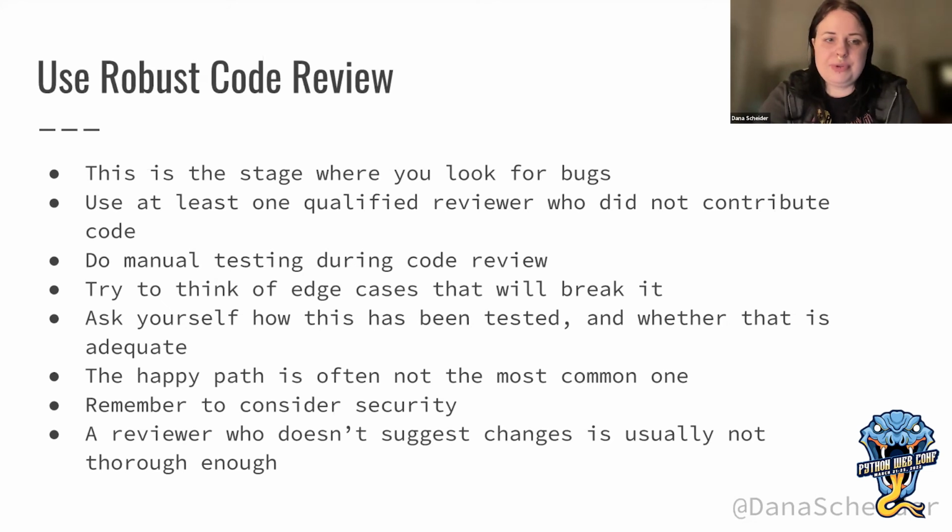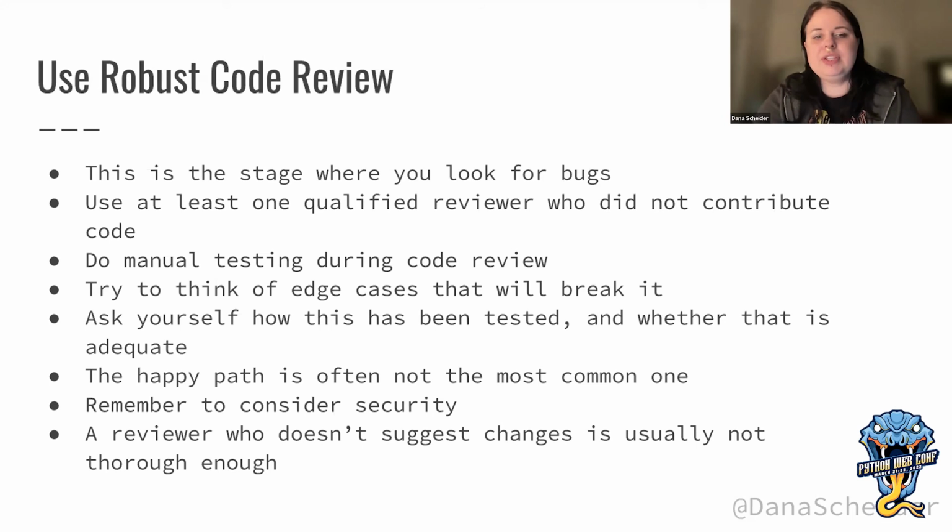During code review, you should not just read through a pull request and tick some boxes and type out LGTM and it's good. I think that testing needs to be done during code review, and especially in an organization where you don't have QA, this is critical.